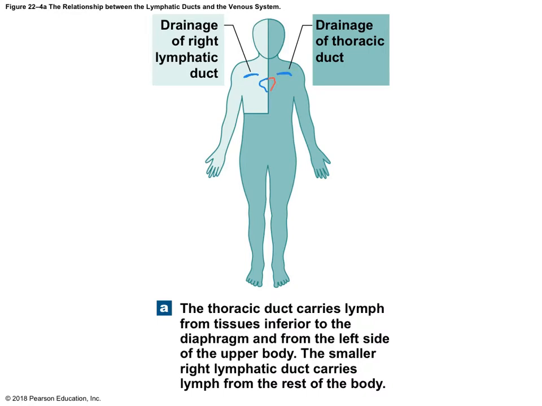So what we have is that thoracic duct, which is going to make its way. There's a cisterna chyli down here, and then the thoracic duct comes up and it drains into that left subclavian vein.